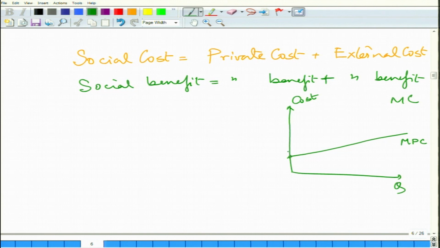When there is no production, the external cost is 0, because nothing is being produced, so there is no harm actually.